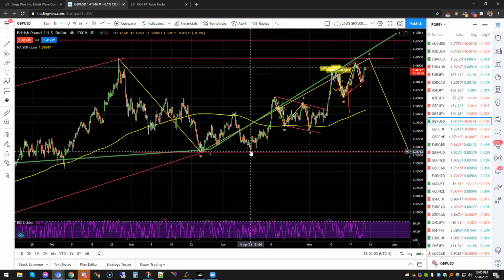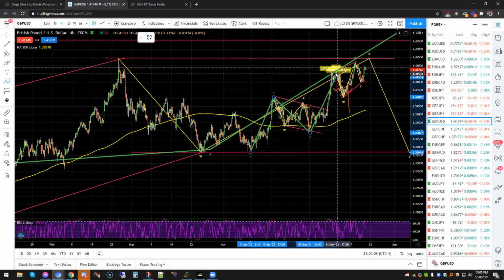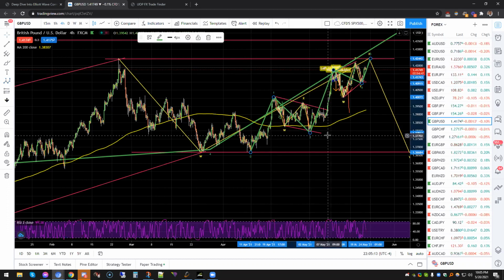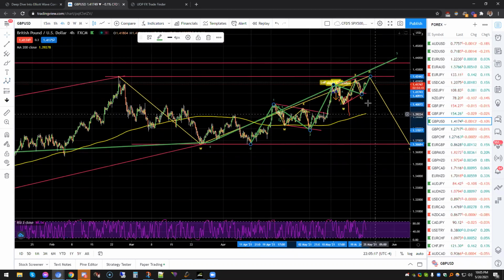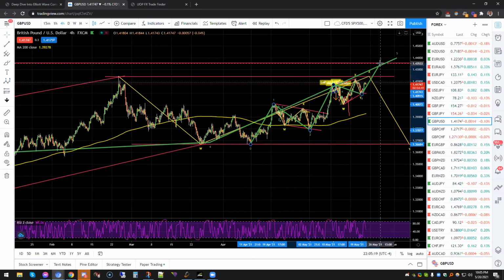So this move from here going up is expected to be in 5 waves. So then this is going to be wave 1, wave 2, wave 3, wave 4, wave 5. Okay, so that's what I'm looking for. So wave 5 could end here, or it could end here. Either or. This area or this area, it could end right now.